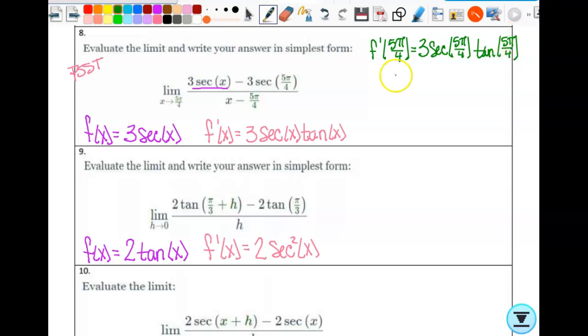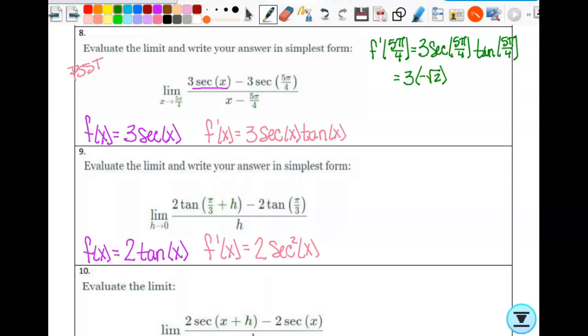No way. All right, so secant is the reciprocal of what? Cosine. So what quadrant is 5π/4 in? The third. In the third quadrant, is cosine positive or negative? Negative. And cosine would be a negative what? Square root of 2 over 2, which means the secant is just negative square root of 2.